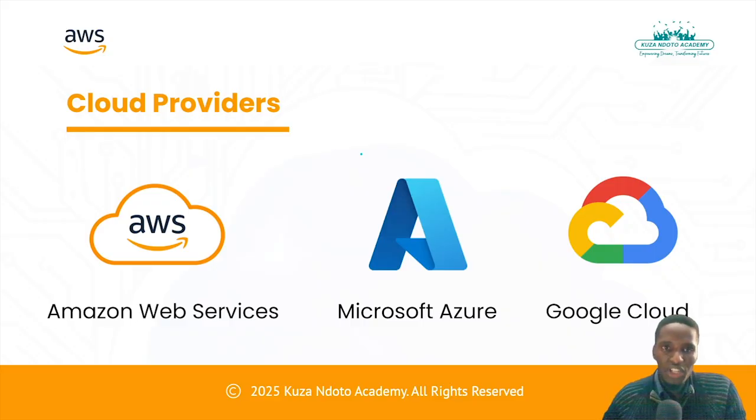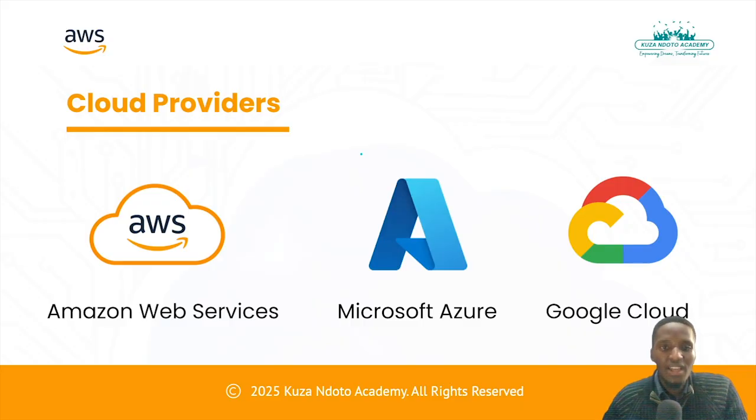Next is Microsoft Azure, which is especially popular among enterprise companies, particularly those already using Windows, Office, or Active Directory. Azure integrates really well with existing corporate environments. Then we have Google Cloud, known for its strengths in data analytics, machine learning, and high performance computing, thanks to Google's experience running products like YouTube, Gmail, and such at massive scale.